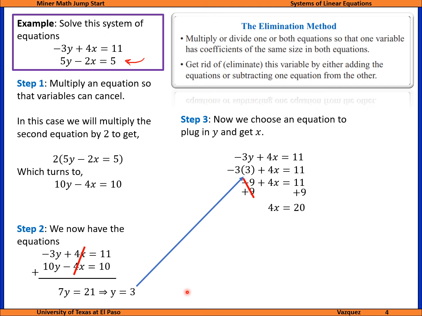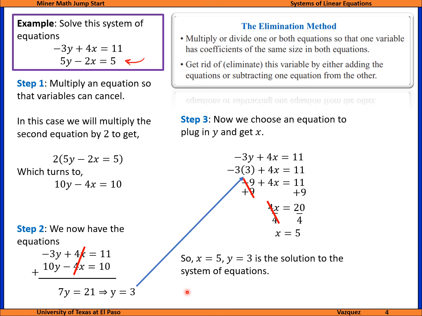And our last step is to divide both sides by 4 so that we have x equal to 5. And there we go. We have our solution. x is 5, y is 3. So this is the elimination method to solve systems of linear equations.